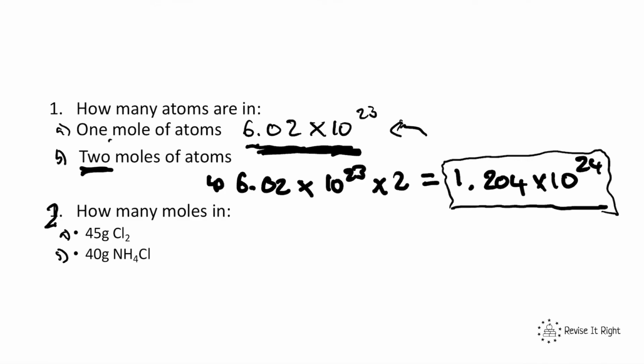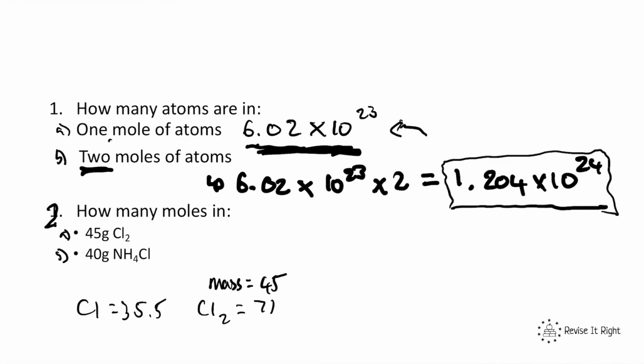So number 2 then: how many moles are in 45 grams of chlorine molecule? Cl has a mass of 35.5. Obviously there's 2 lots of those, so 35.5 times 2 should get you 71. So Cl2 equals 71. The mass is 45.